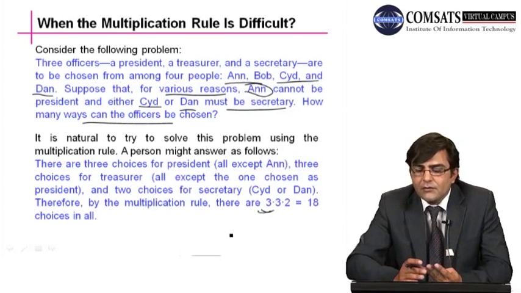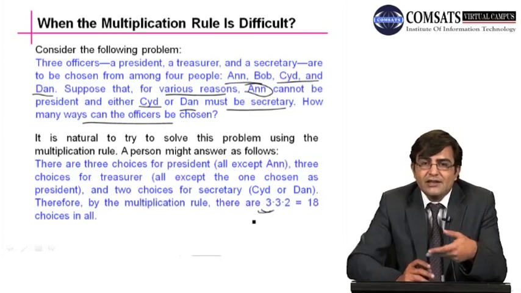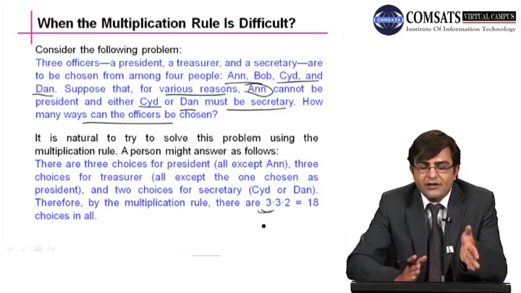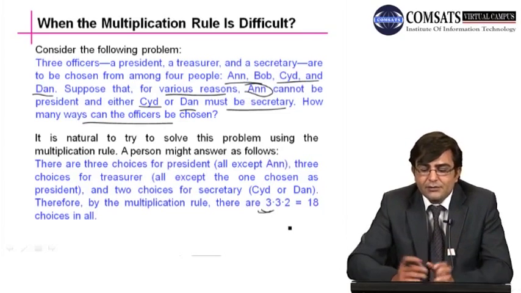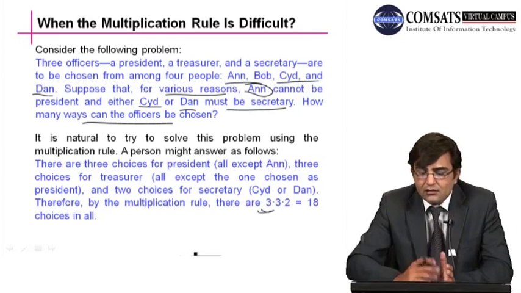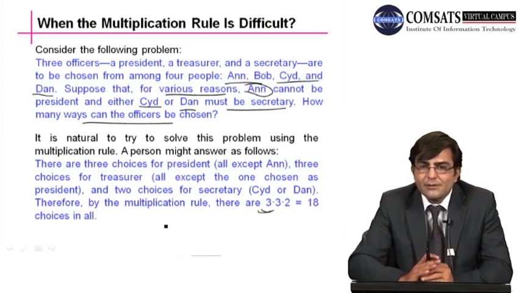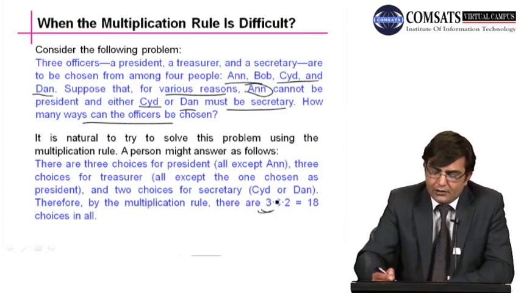There are three people, one of whom can be chosen as a treasurer, because one we have already chosen for president. So there are again three possibilities. Anne can be the candidate for a treasurer, but among Bob, Sid and Dan, one must be the president. So there are only three possibilities for the treasurer also.